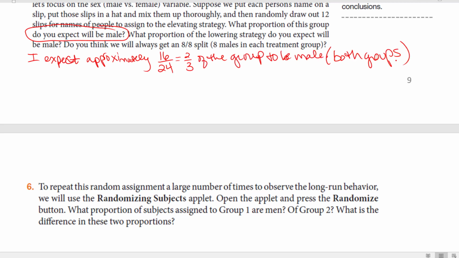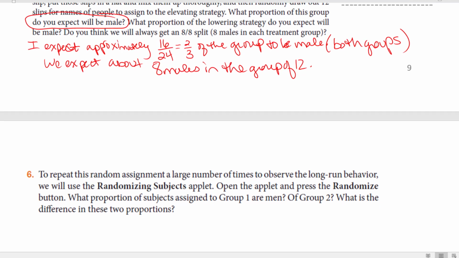Since we're assigning 12 people, we expect about 8 males in the group of 12. Maybe 7, 8, 9 would be normal, maybe even 6, 7, 8, 9, 10 would be normal. We need to look at the distribution of sample statistics to see what is normal, usual, and expected. But certainly 7, 8, 9 would be normal, usual, and expected if we're saying about 2/3.